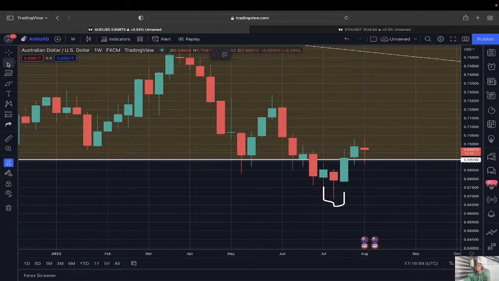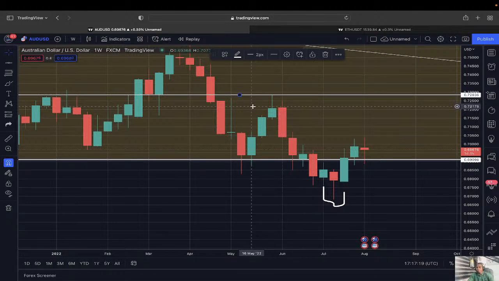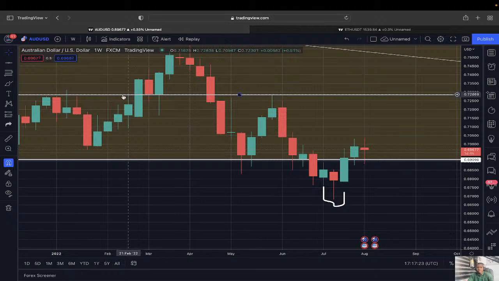So if you are a swing trader looking to get in on this opportunity, you want to set your take profit at the next resistance level, which might be here. Your take profit.